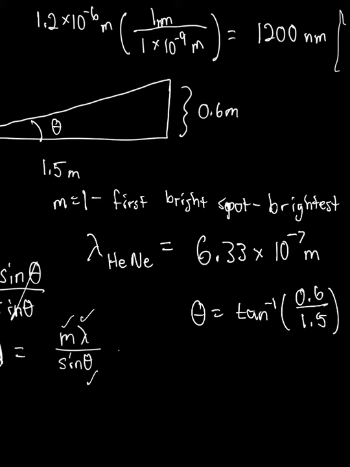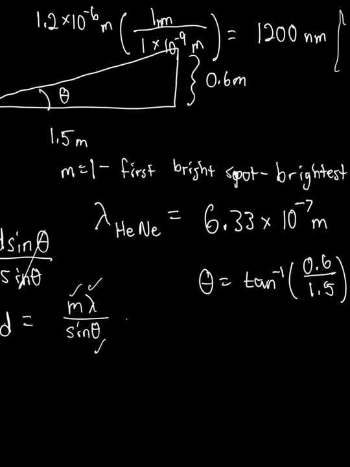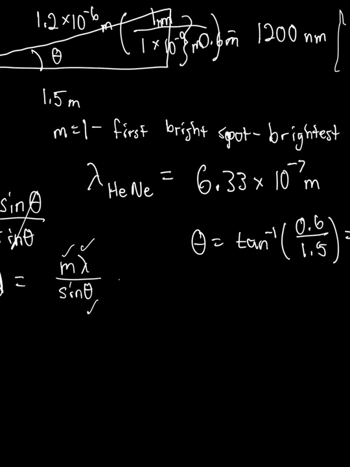Brightest fringe, first bright spot, always 1. So I can plug and chug that into my calculator, and I get a theta of 22 degrees. Then we plug all of our numbers in.